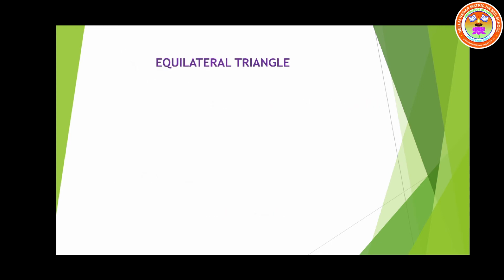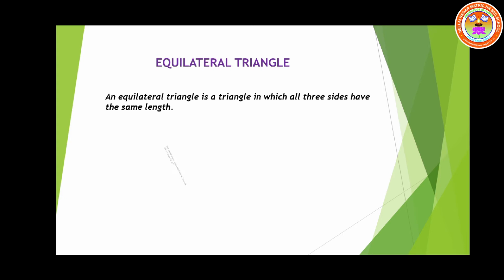Now let us learn something called an equilateral triangle. You all know that a triangle has 3 sides and 3 vertices. So what is the special thing about an equilateral triangle? An equilateral triangle is a triangle in which all 3 sides have the same length. The triangle has 3 sides and all the 3 sides will have the same length. Next, what about the angles in a triangle?